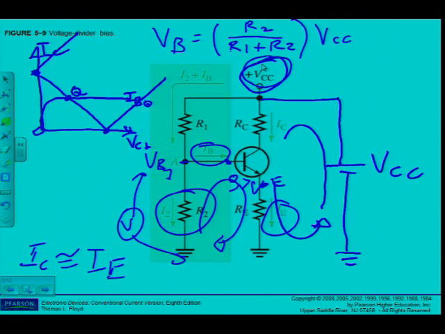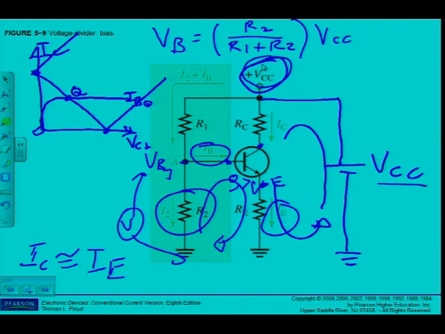Alright, what else do I need to calculate? VC. What is VC going to be? Voltage there at the collector. Use Kirchhoff's voltage law. I know Kirchhoff states that the sum of all the voltage drops around the circuit should be equal to the supply voltage.